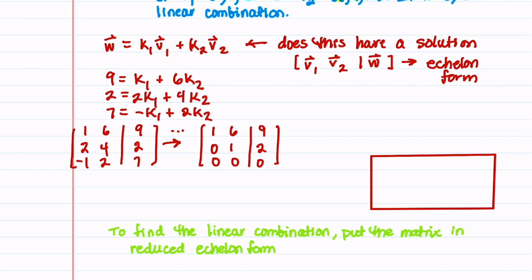So let's highlight now our 2 leading entries. We have a leading entry in each column. Let's write that down. Therefore, we have a solution.